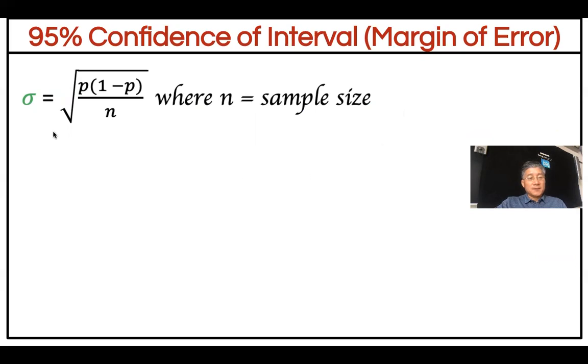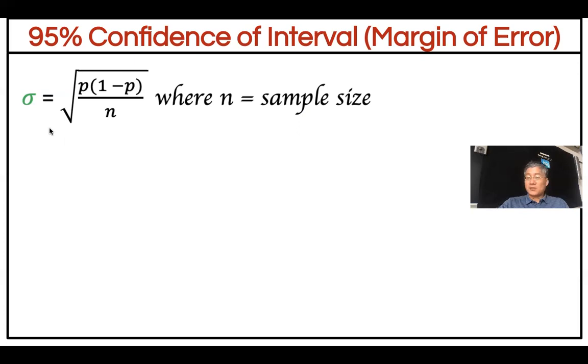So how do you get the standard deviation when you know the probability instead of sample mean or actual data? So probability is the mean that time, right? So P is the probability or mean, the average proportion. So P times 1 minus P divided by sample size, and then you put the square root.